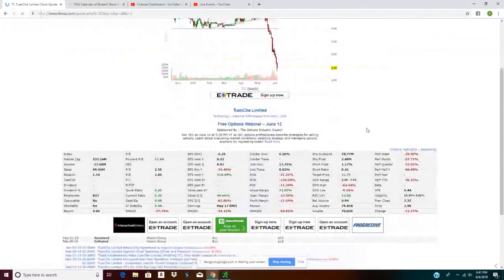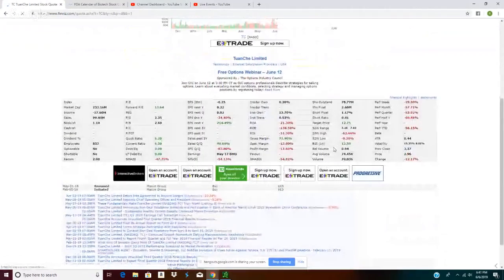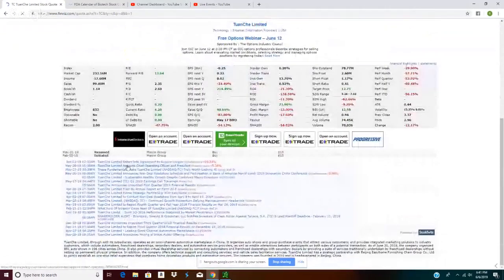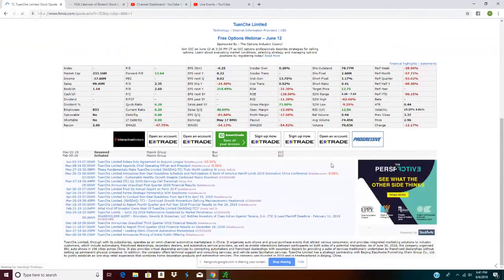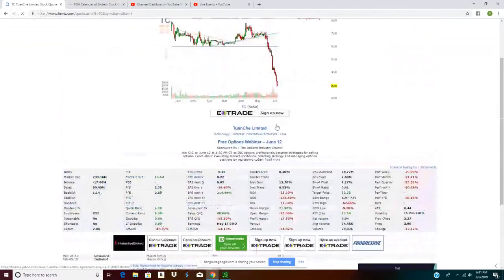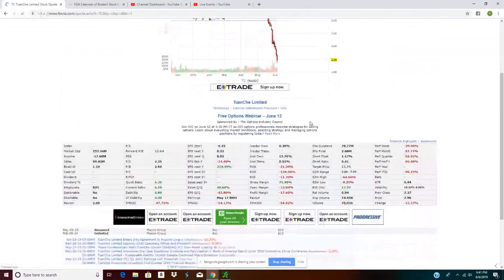We want to look at the news here. Punchy Limited enters into agreement to acquire. Oh, they're acquiring something. I don't know why that would cause it to dip like that. Must be a shoddy company that they're acquiring. I don't know, but I'm definitely going to keep my eye on this. This is the recipe here, people.